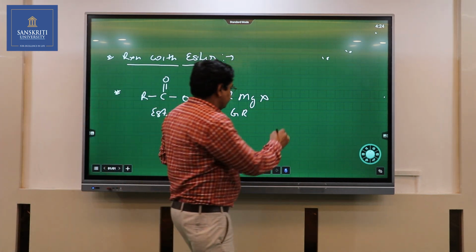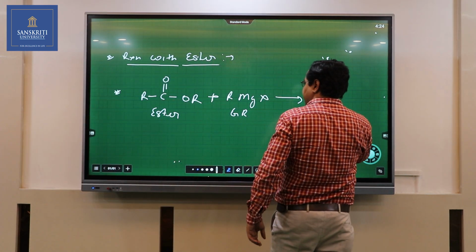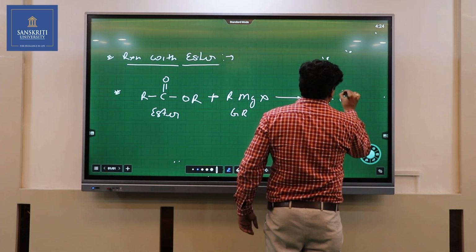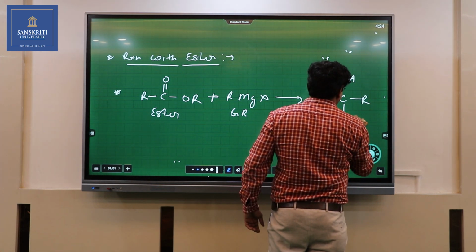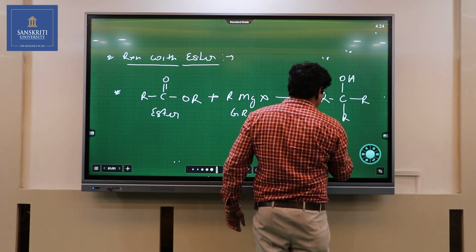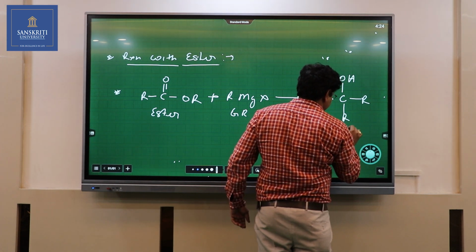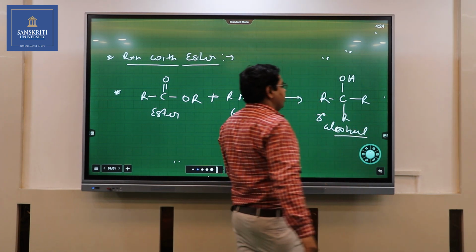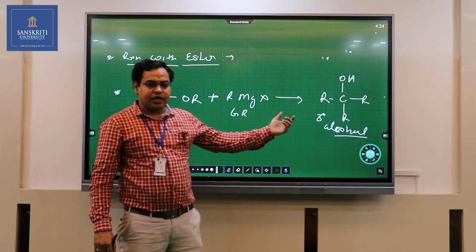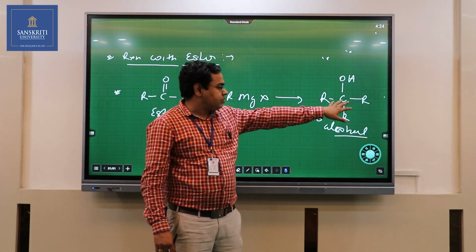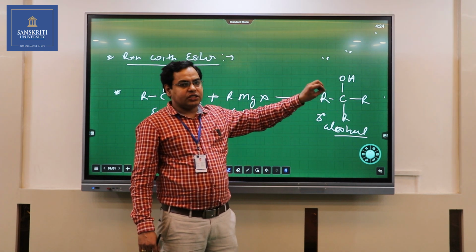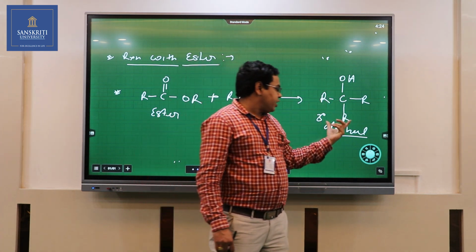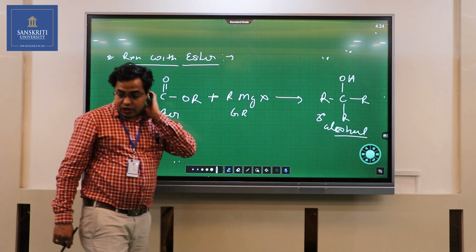So we get a tertiary alcohol after the completion of this reaction. How do we identify a tertiary alcohol? Tertiary alcohol means three alkyl groups attached at the same carbon atom.